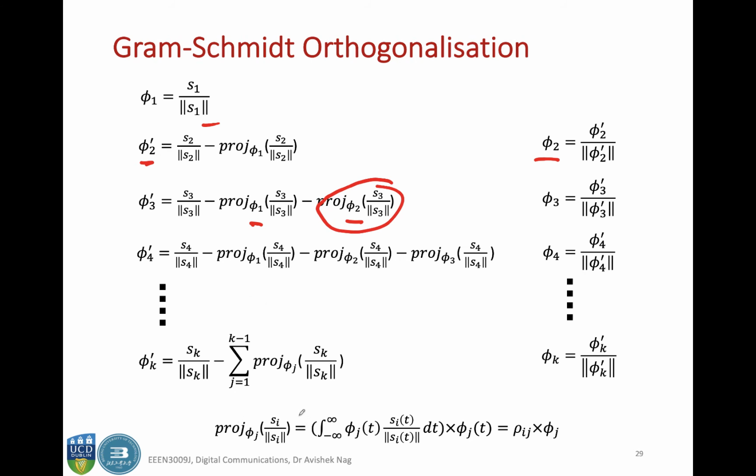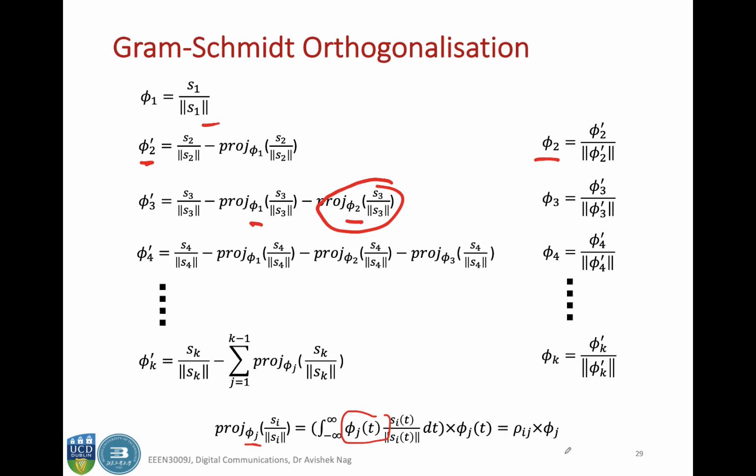The general expression for the projection of Si over the norm of Si on phi j is the integral over all t of Si divided by the norm of Si multiplied with phi j, times phi j again.